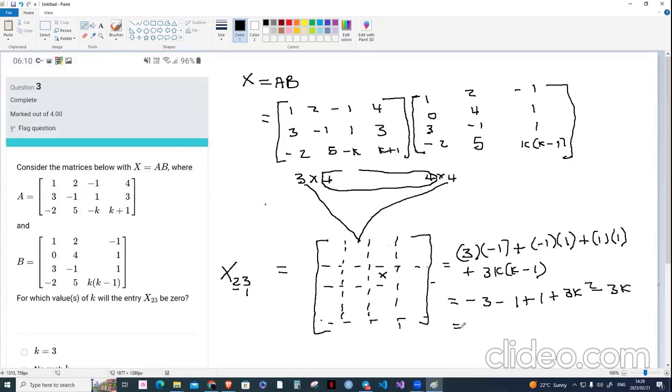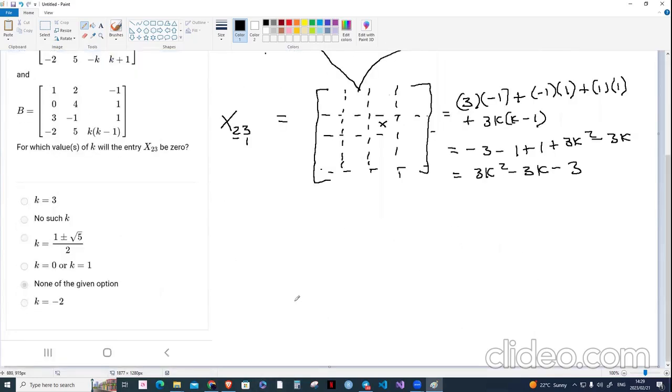These ones will cancel out. This is equal to 3k squared minus 3k minus 3. This will be our X2,3.